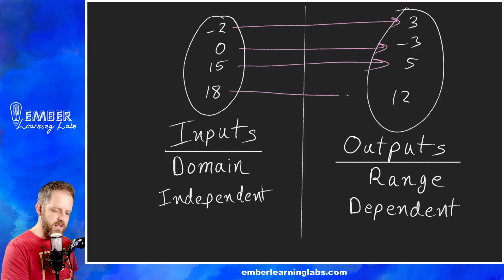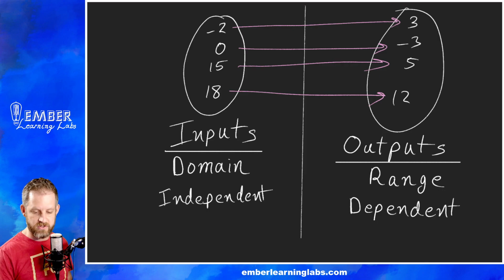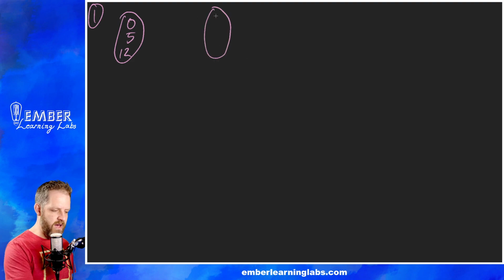Okay. Let's do a couple of these bubble diagrams so we can see some examples of ones that are and are not functions. Sound good? Yes, it does. So let's do example 1 over here. Say we have this bubble diagram, 0, 5, 12. And we're going to map that to this one, where we have 3 and 6.